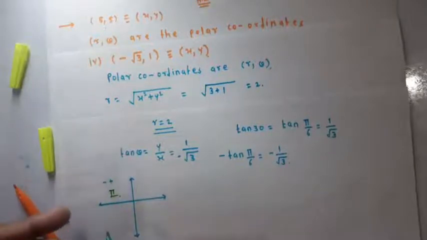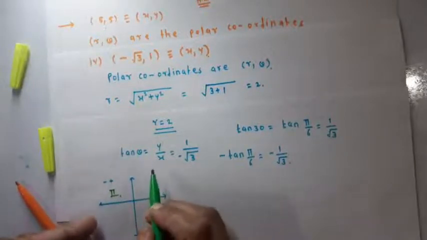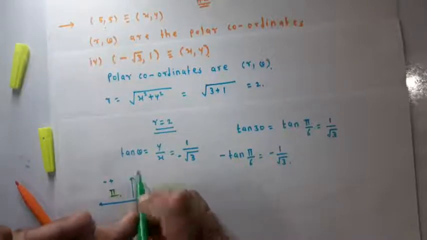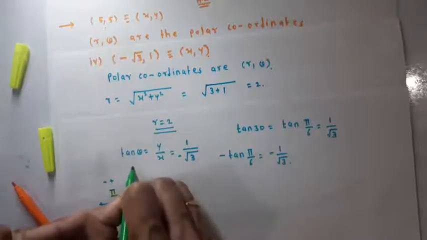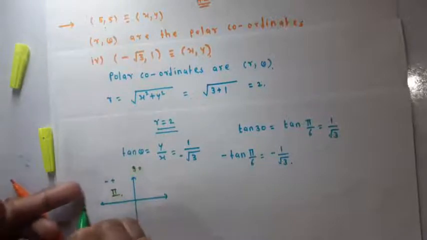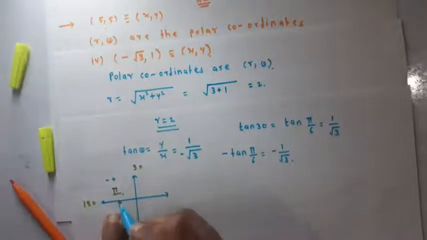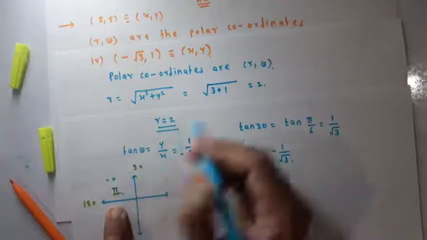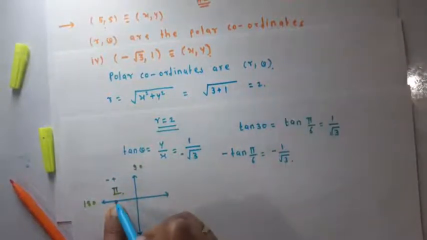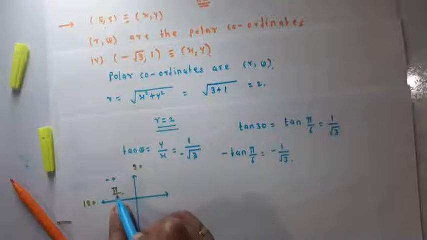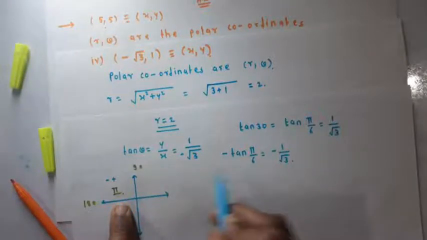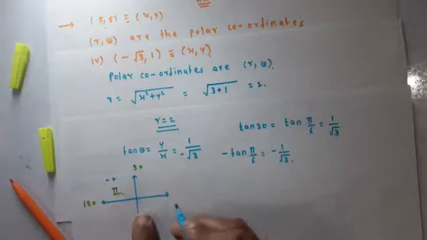The first quadrant is up to 90 degrees, the second quadrant is 90 to 180 degrees. So the coordinates minus root 3, 1 lie in the second quadrant, and in the second quadrant tan theta is negative.